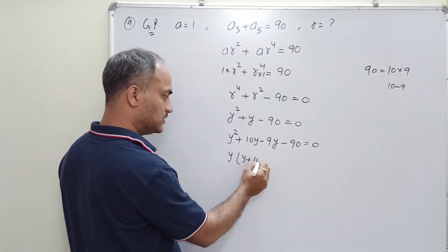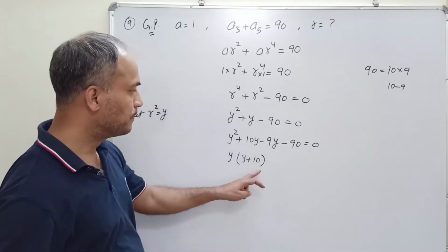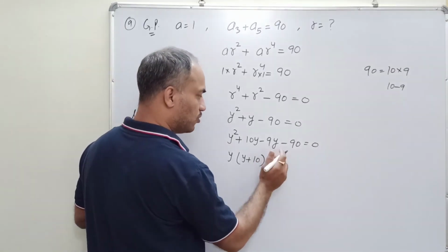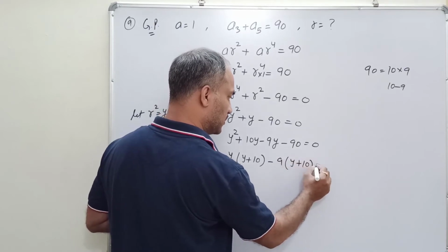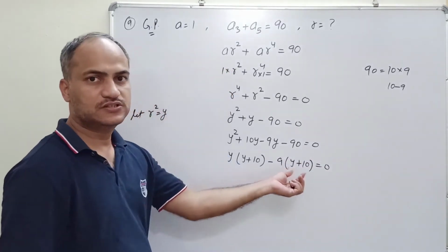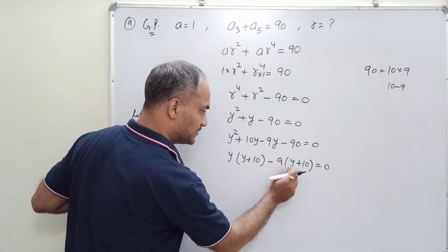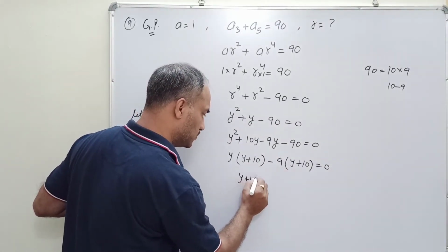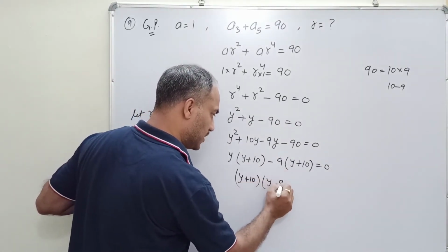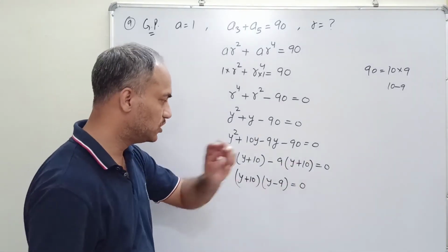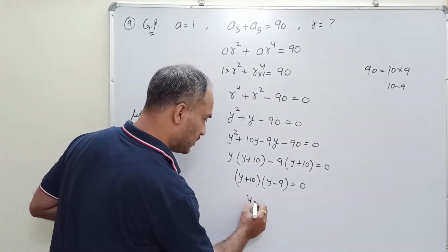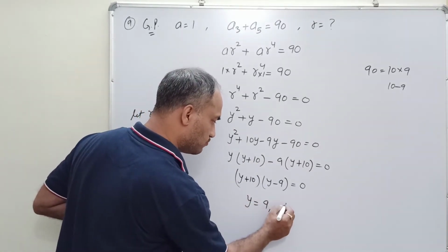So y plus 10 is the same factor, and this becomes (y − 9)(y + 10) equal to 0. So the two values are y equal to 9 and y equal to minus 10.